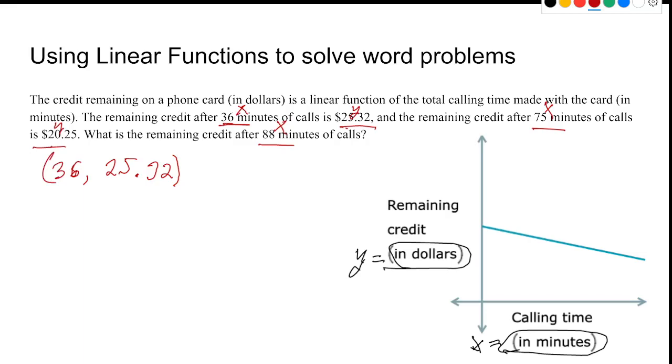Okay, get the rate. We'll find the equation of the line, and then at the end we'll plug in the x value requested and be able to calculate the y value. So our 2 points are 36, 25.32, and 75, 20.25.